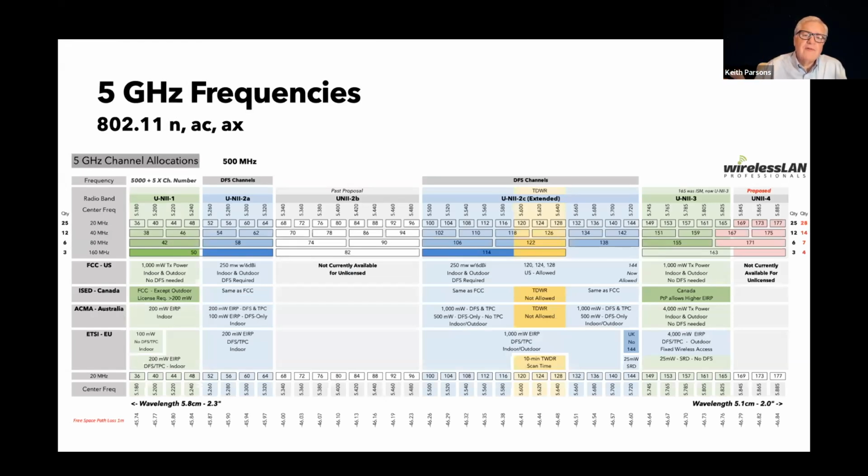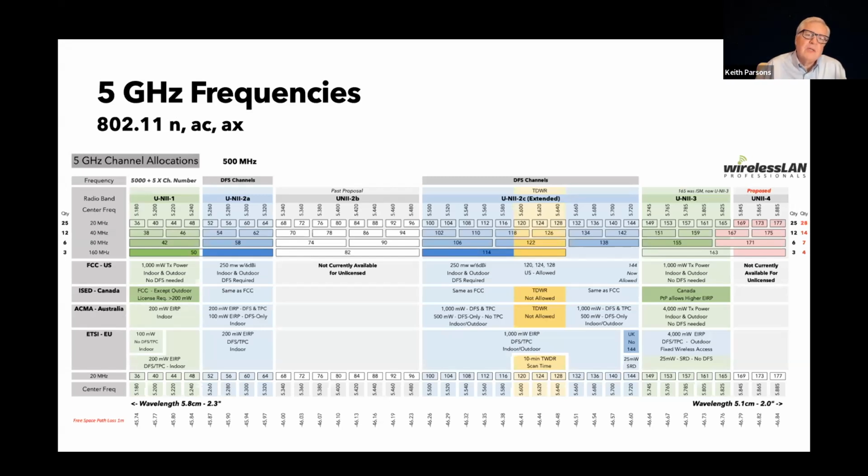This chart has a lot of details in it, and if you drill down, there's a lot more there. At the bottom, it says wavelength, and it shows the size. There's one of those on the 2.4 as well. Below that, it says free space path loss at 1 meter. This is a calculation, and in a little bit I'll show you what the calculation actually is so you can do your own.